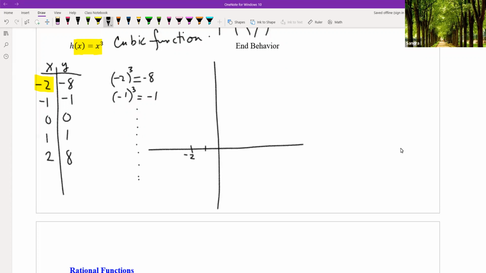Okay, at -2, I have a -8. So it's like about here. -1 and -1. 0 and 0. 1 and 1.